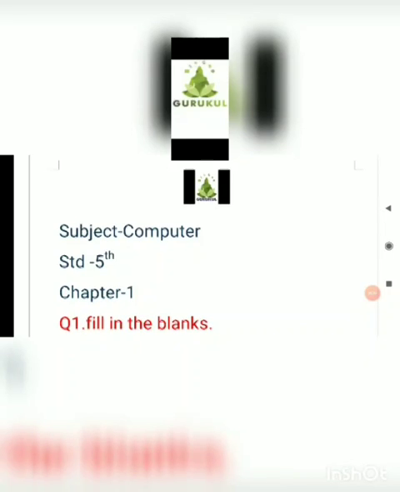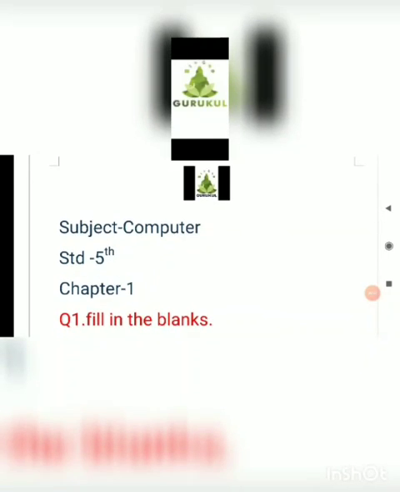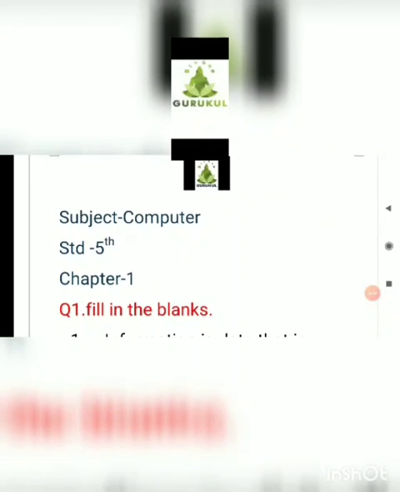You have to make a computer notebook and write down everything, including all the MCQs, fill-ups, true or false, with questions and answers, with very good handwriting and proper numbering. Today we will discuss every question one by one, so that it will be easy for you to understand everything properly.